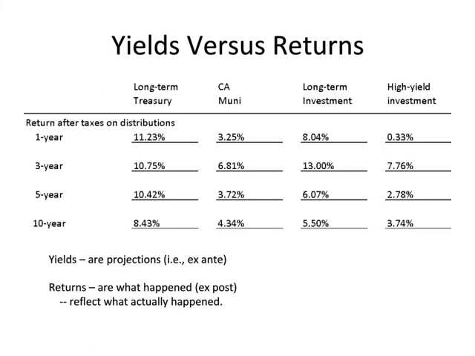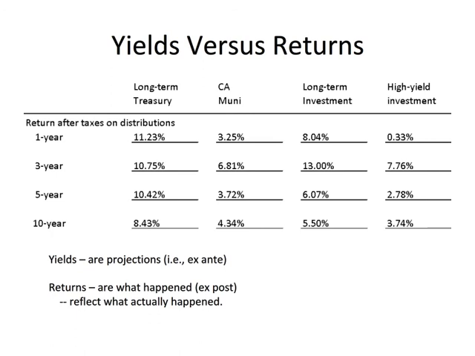So far, what we've been doing is looking at yields, or actually projections of what the yields will be in the future. In class, we looked at returns, and here I show the example of those returns, looking at returns after taxes on distributions for the long-term treasury, California municipal, long-term investment, and high-yield investment bond funds.